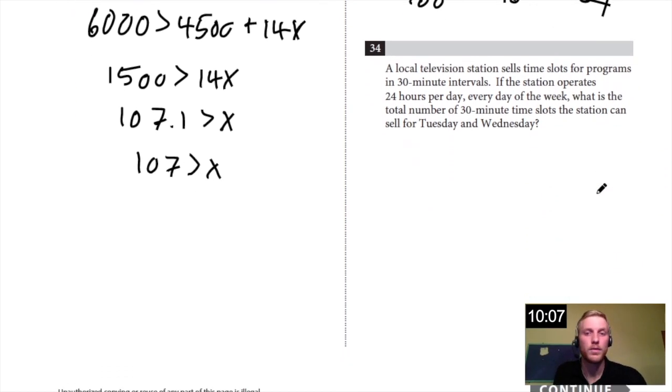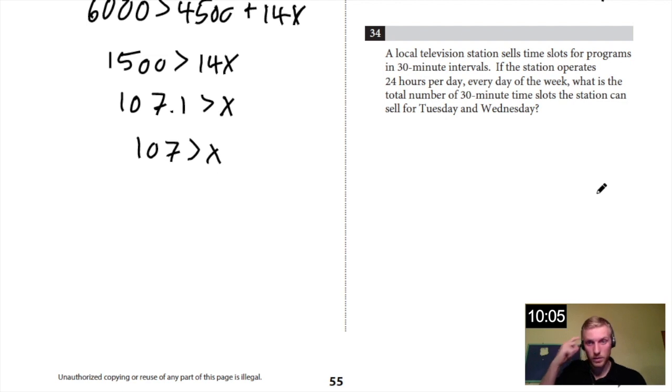Okay, 34. A local television station sells time slots for programs in 30-minute intervals. If the station operates 24 hours per day, every day of the week, what is the total number of 30-minute time slots available on Tuesday and Wednesday? Right, so the station is always open, in other words, 24 hours a day. We have 30-minute intervals, in other words, 2 per hour.